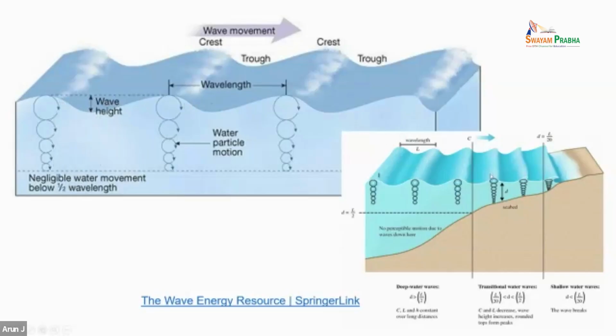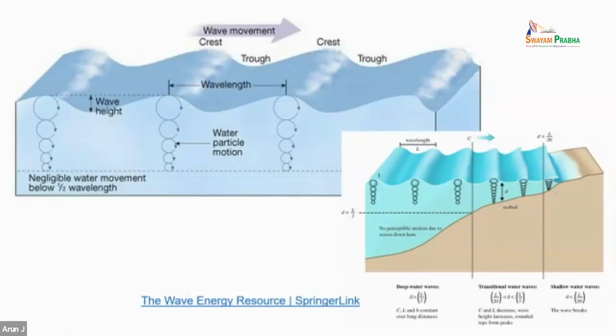Then there is shallow water like here, which means the depth is much smaller than the wavelength. Just to give you some numbers, the wavelength typically in the ocean is 50 to 150 meters.